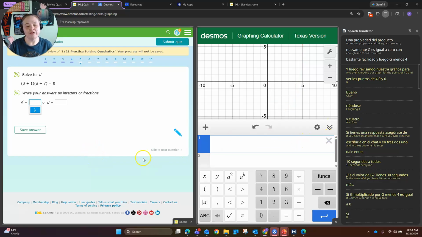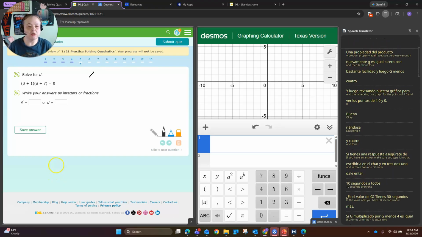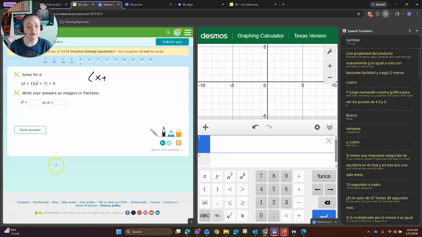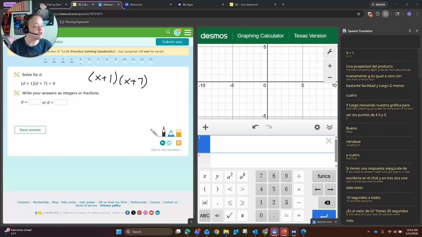Now, this is in factored form, all right? But the same rules apply. You can simply change to x plus 1, x plus 7, or you can do the zero product property. I'm going to give you a minute to work on this one. Again, when the timer goes off, you can put the answers in the chat.